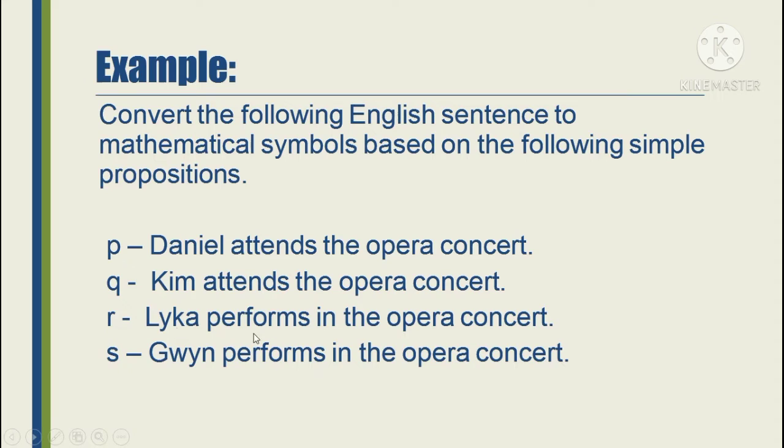Let R, Laika performs in the opera concert. And let S, Gwen performs in the opera concert. So, sabi dito, i-convert daw natin yung following English sentence to mathematical symbol.